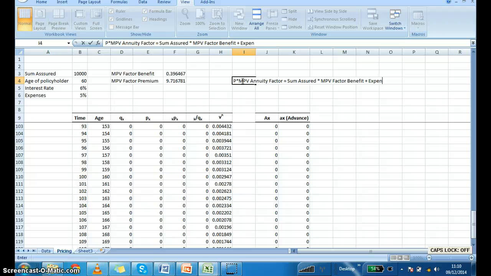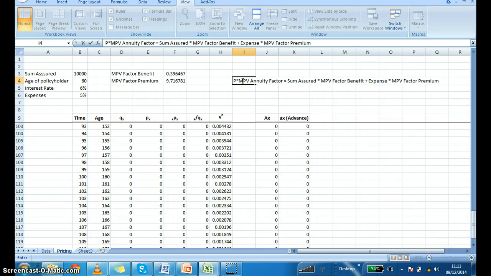And since the expenses are a proportion of the annuity, they will use the same mean present value factor as the premium.